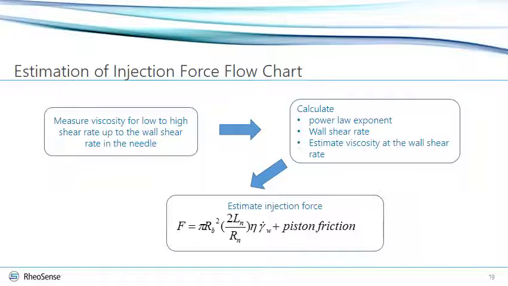With that, you can calculate the wall shear rate and use the power law to estimate the viscosity at that specific shear rate of the wall inside the needle. If you put those two together, we can obtain the viscous contribution to the injection force, and we're set.